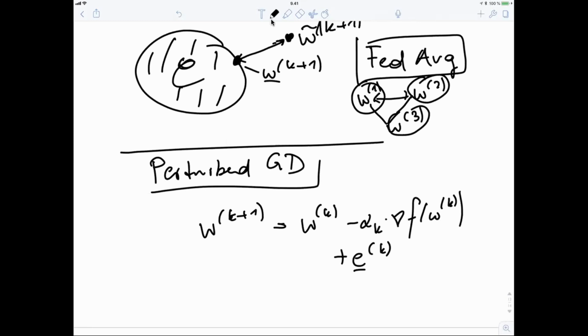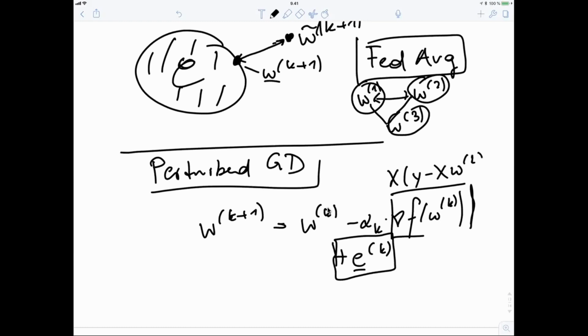Does anyone of you know why this is useful in practice? What might be the reason to have such error terms in gradient descent? For example, for linear regression, we could compute this gradient exactly. The gradient would be something like X y minus X w_k, where we have the feature matrix and the label vector.